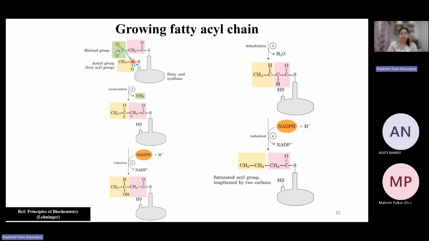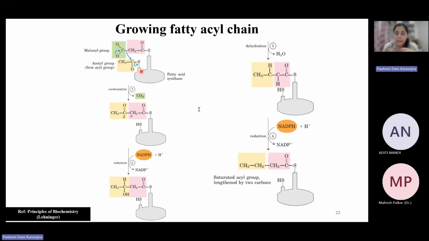But what you need to remember for now is there are these two chains where these growing fatty acid chains are incorporated, right? One is here and one is here. What are these two places? These are both thiol groups, okay?